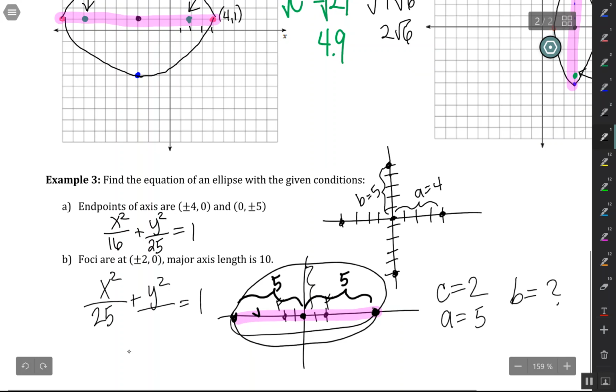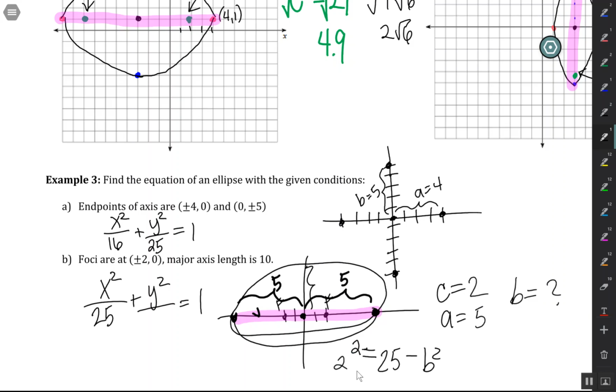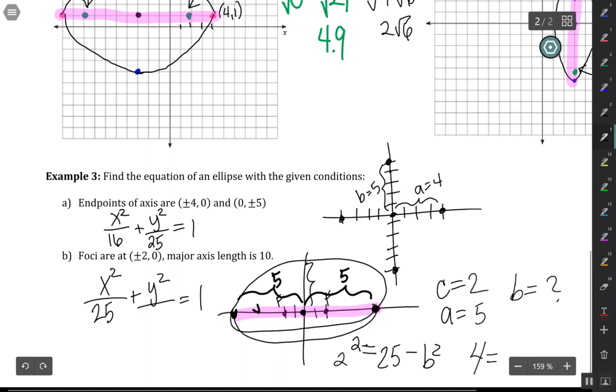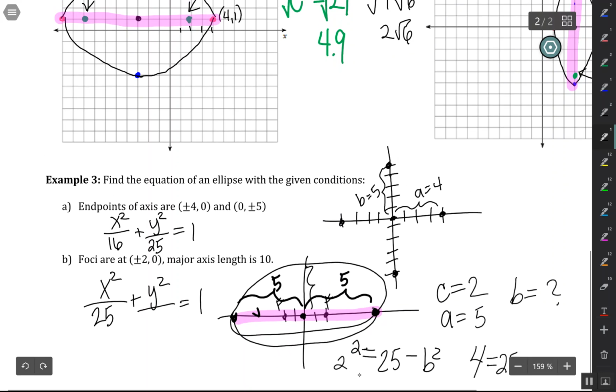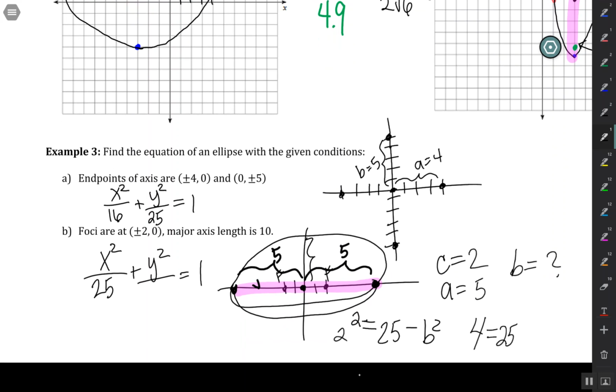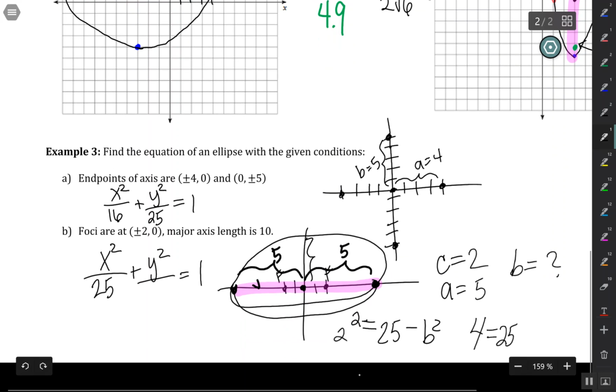So let's use that formula. C squared equals A squared minus B squared. I know that A is the bigger one, so it's 25 minus B squared. And C is 2. So 4 equals 25 minus b squared.